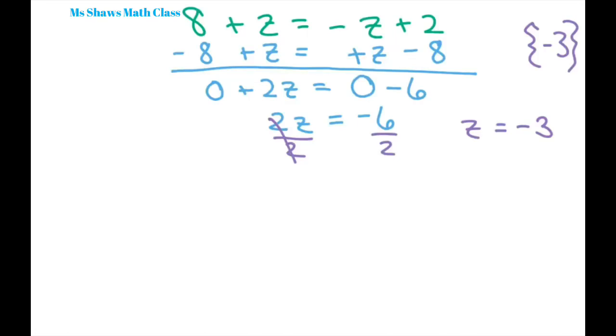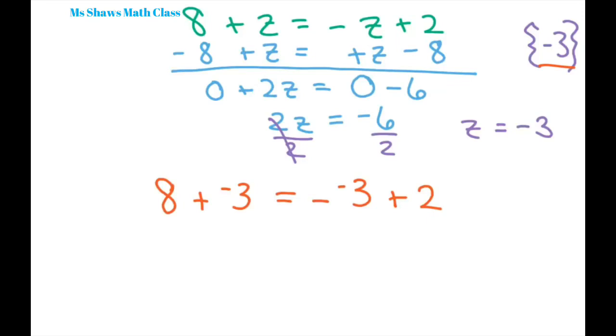We have to check our answers for our solutions. So I'm going to write 8 plus, let me try this without parentheses, you can do it that way. All right, minus a negative 3. I don't like doing it that way, but I'm going to try it that way.